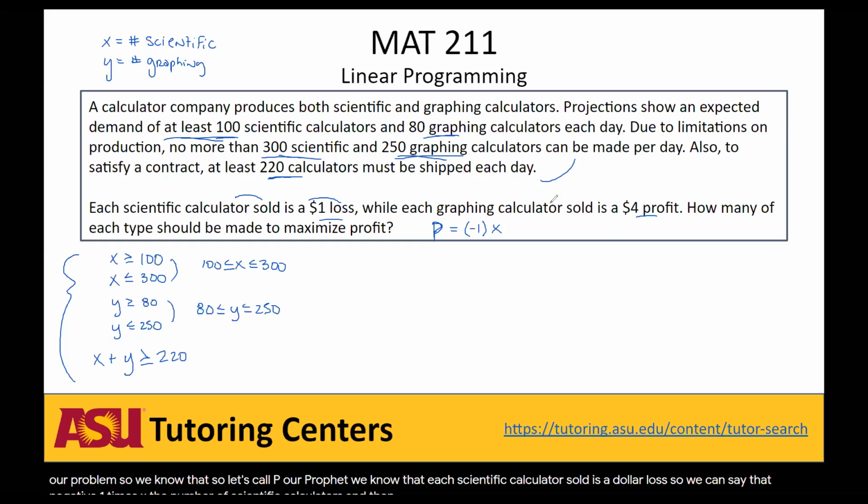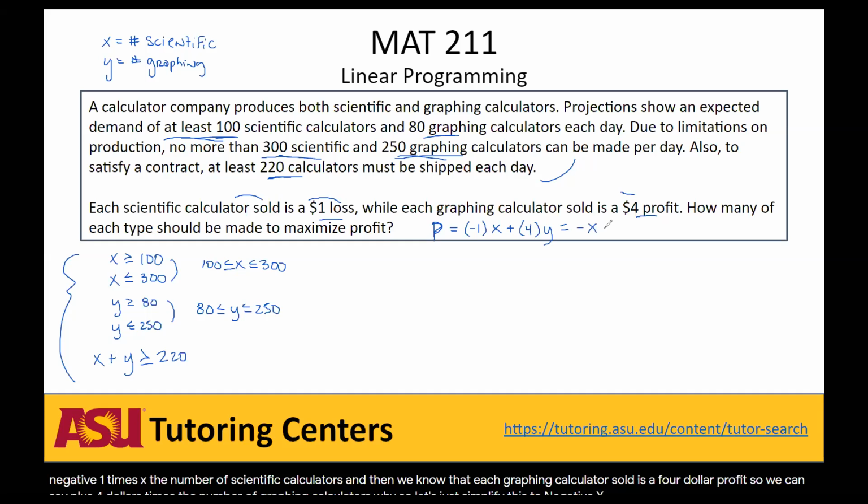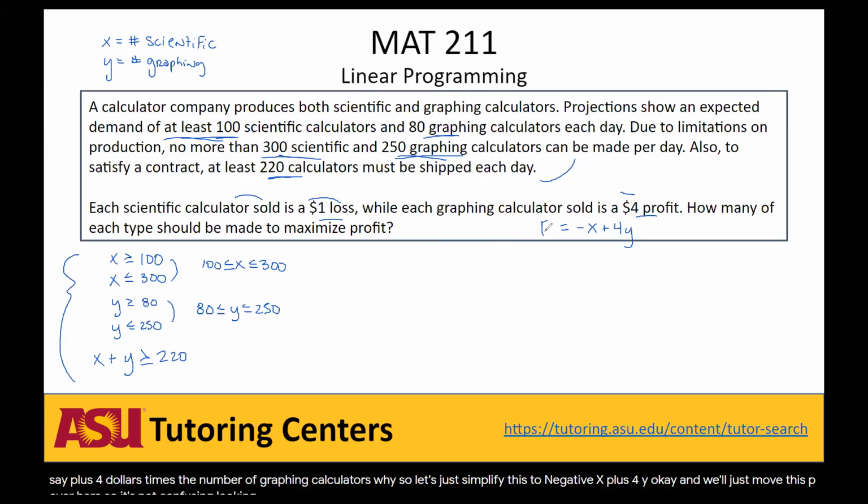And each graphing calculator sold is a $4 profit, so plus $4 times the number of graphing calculators, Y. Let's simplify this to P equals -X plus 4Y. Okay? And we'll just move this P over here so it's not confusing looking. There we go.